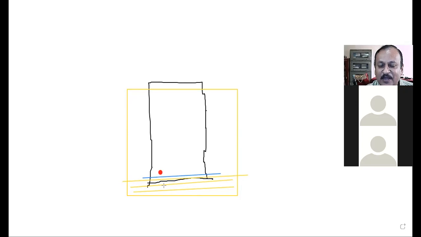Because if this particular spot is in contact with the solvent system, it would just get dissolved in the solvent system, which we don't want to happen. So the level of the solvent system is below the level of the spot.